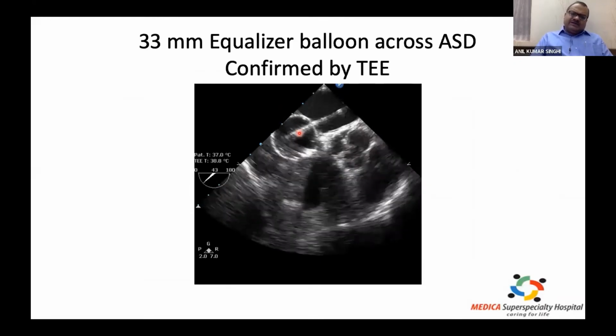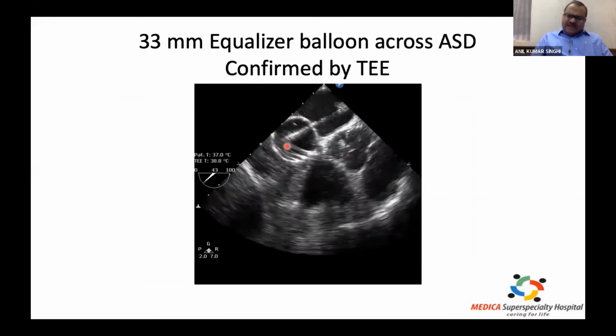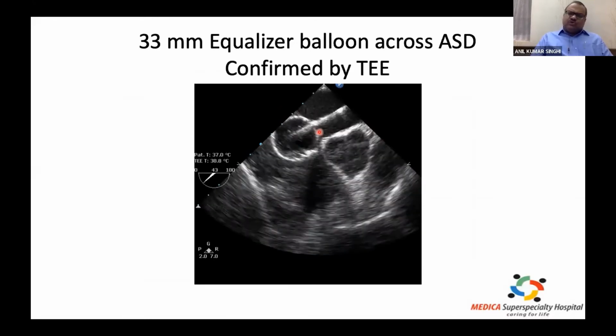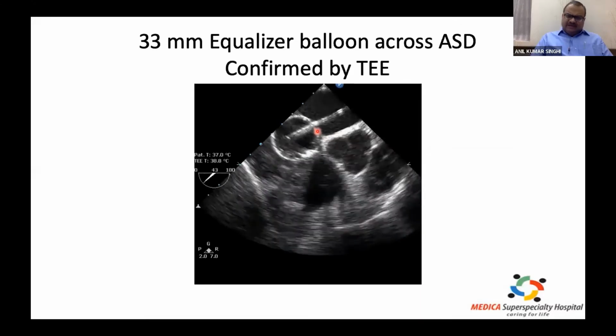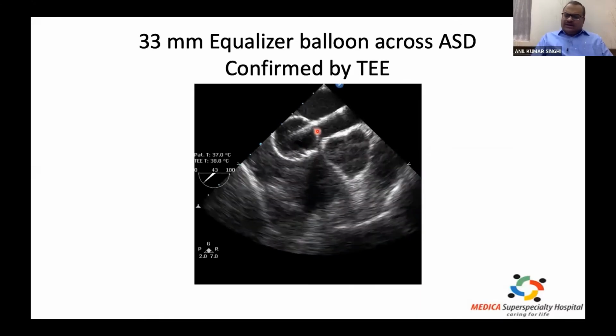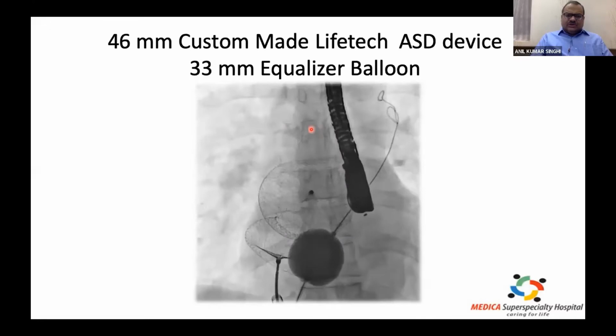Here again, transesophageal echocardiogram was key, because we wish to have this balloon in position. Unless we confirm the position of the balloon in the right place, we cannot deploy the device.